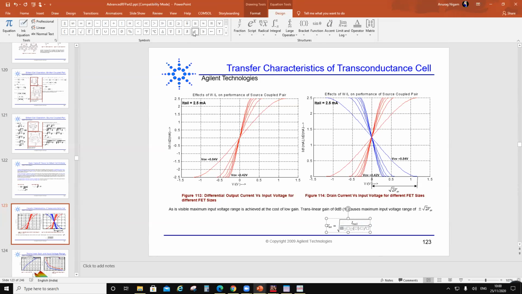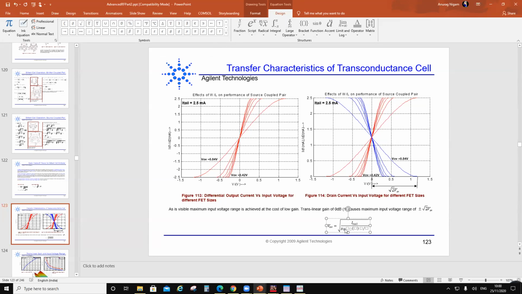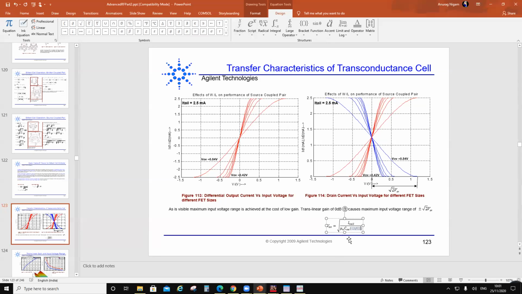This will be I tail, which is twice I drain, divided by mu n COX W by L. Mu n, this is an n-channel device. COX is basically the gate capacitance.